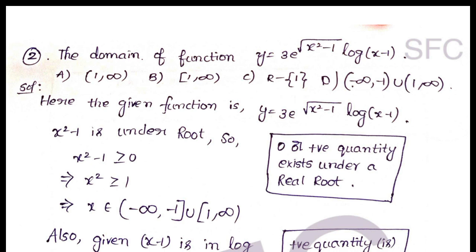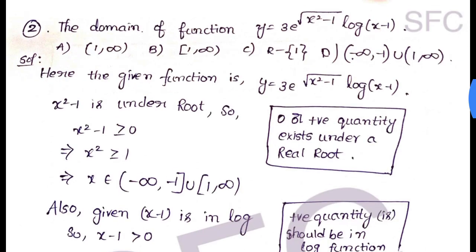Here we have taken the given function y is equal to 3 into e power of root over x square minus 1 log of x minus 1. As we have discussed earlier, x square minus 1 is under root, so it should be greater than or equal to 0 because it is under root.